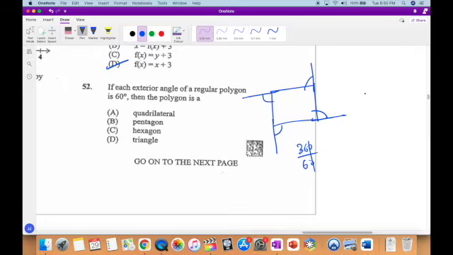We'll have 6 sides here, so we'll end up with 1, 2, 3, 4, 5, 6, and each one of these external angles will be 60 degrees, right? And of course they will all add up because the external angles of a polygon add up to 360, so it's a hexagon, a 6-sided figure.